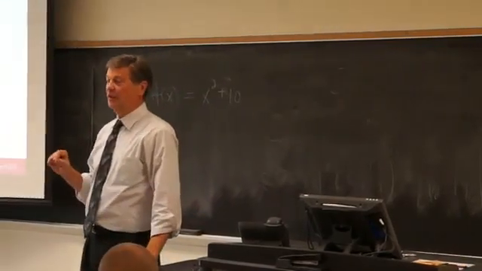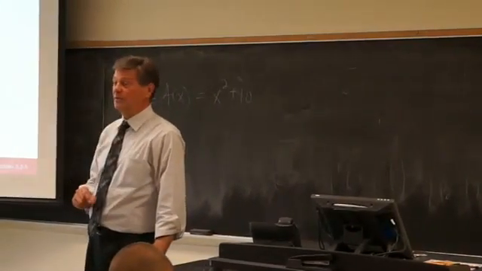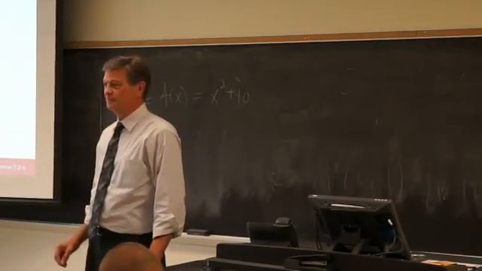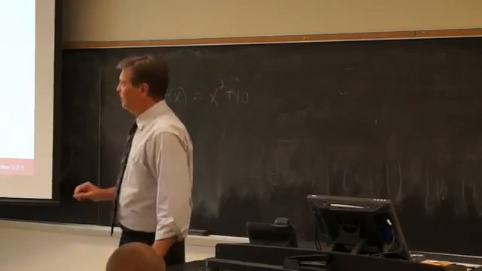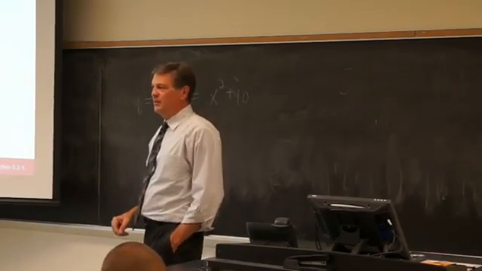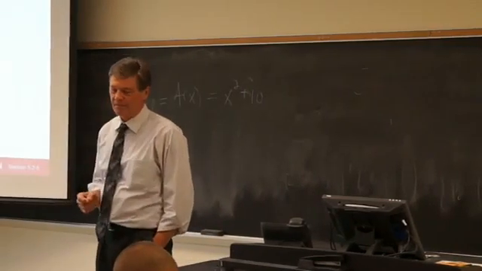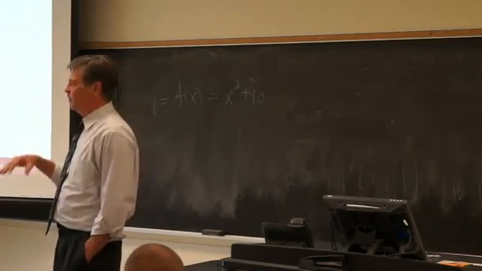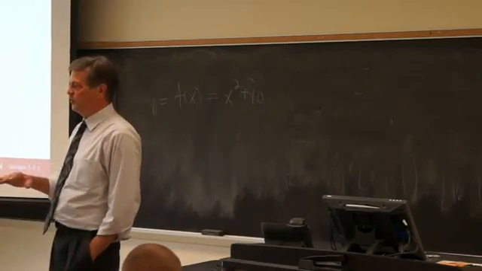You give me an x, I'll tell you exactly what y is going to be. No questions asked. It's very convenient to have these kinds of expressions, these functions, because we can do so much with them.